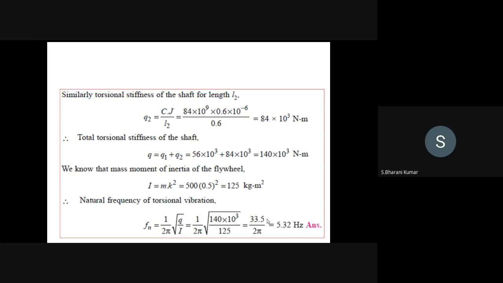Students, one more thing. Yesterday we posted the assignments for dynamics. No one turned up, I think very few of them, less than ten. The remaining of you, please post the answers. A solved model of the same will be available in your book itself.